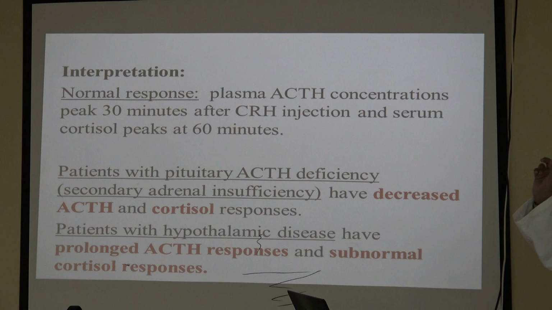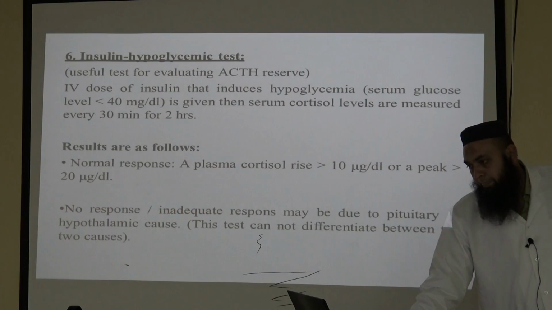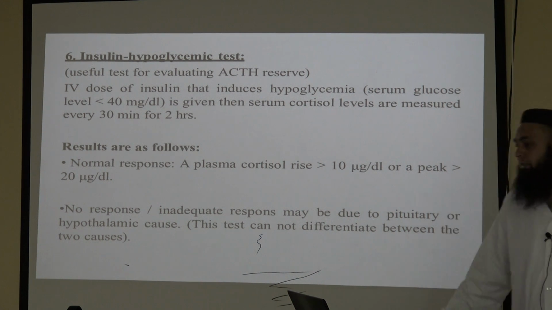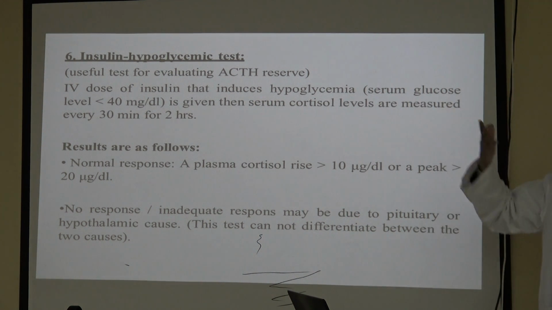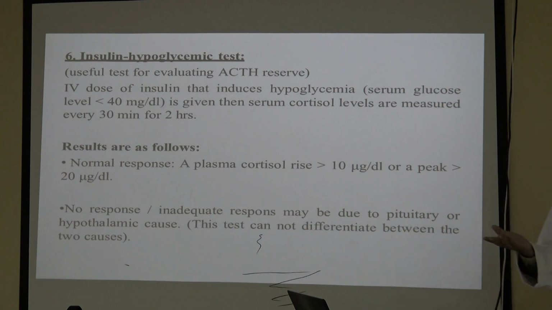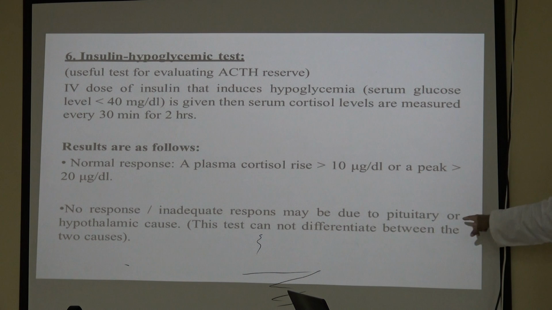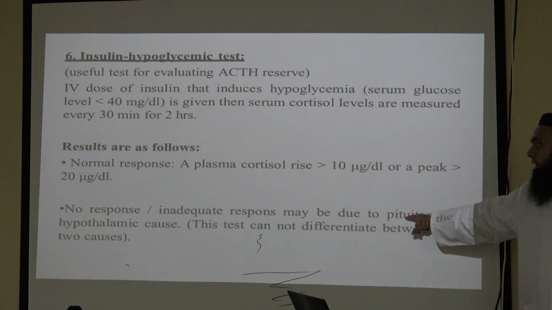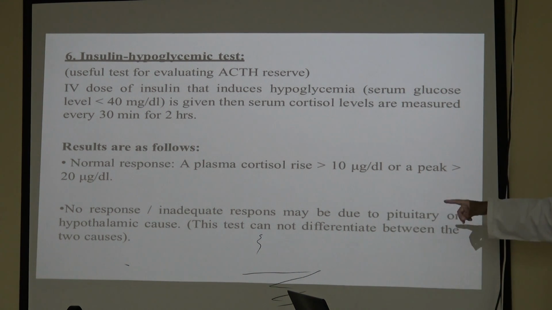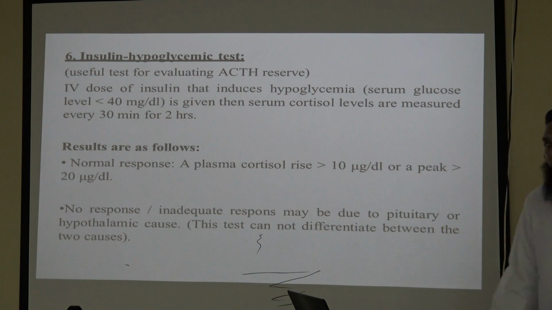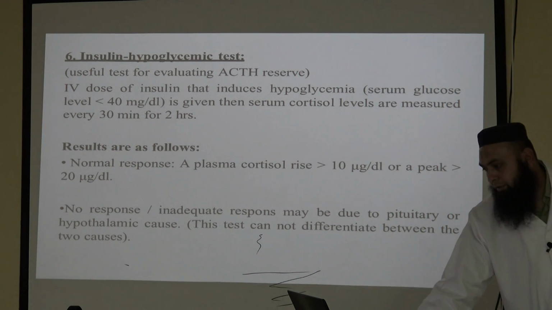So in the beginning the tests were differentiating primary from secondary or tertiary. Now it's differentiation of secondary and tertiary. Insulin, same. What should insulin do? It should raise the cortisol level. If there is no response, it means it may be due to a pituitary or hypothalamus cause, a secondary or tertiary problem.